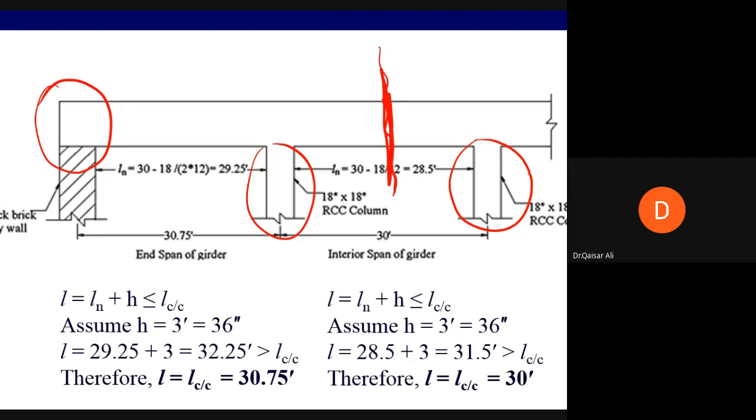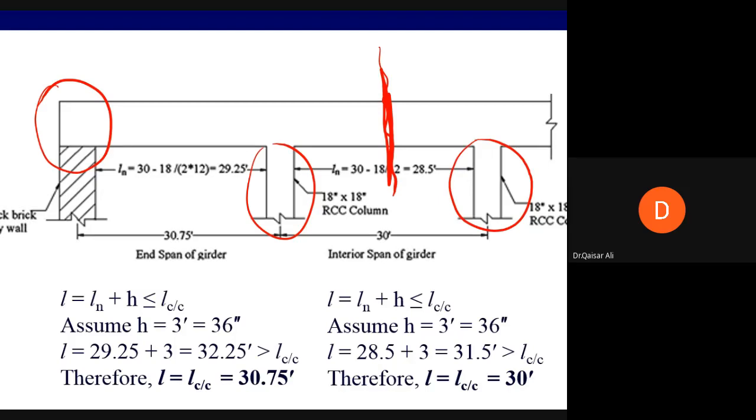So in order to calculate this center to center distance, 30 plus half the wall will be added to this, and the clear lengths are also calculated like this, because the length from the inner face of the wall to the center of the beam is 30 feet. So half of the wall, half of the column shall be deducted from this.